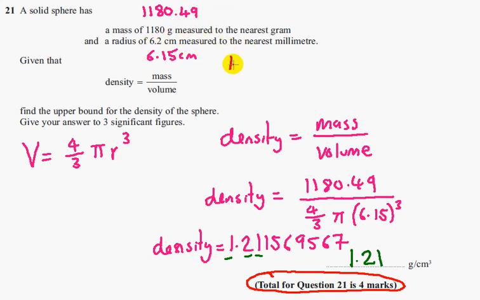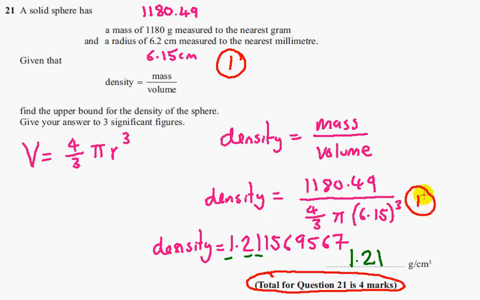Okay. The second mark is for the maximum mass divided by the minimum volume, and the minimum volume including the radius of 6.15. Okay, so the maximum mass divided by the minimum volume, which is here.